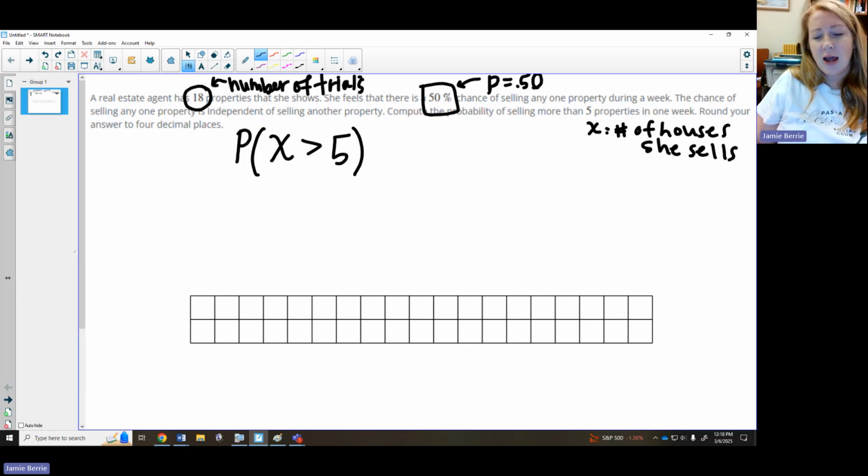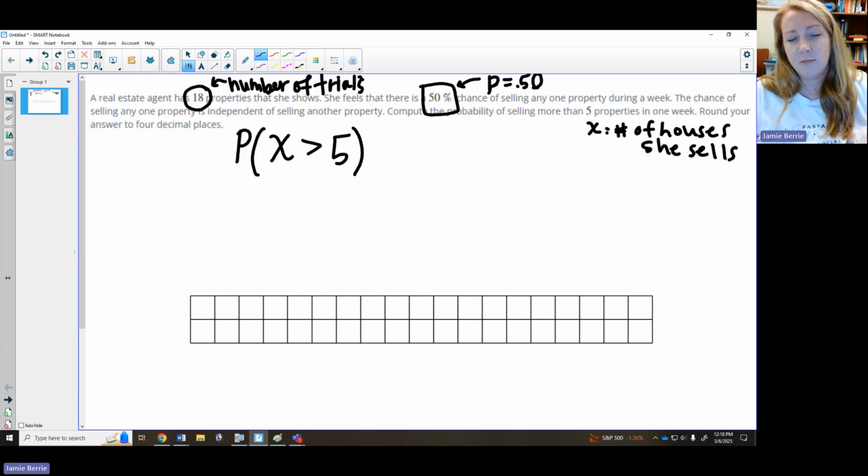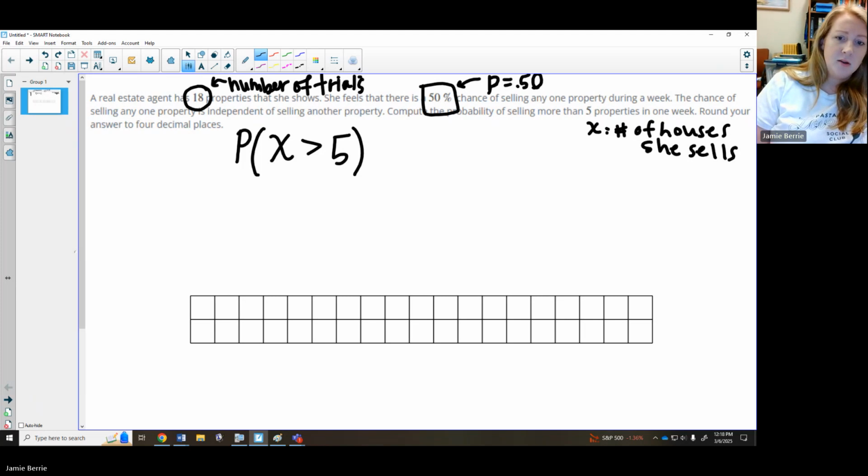Okay, so I have this big table built in here to help you get an idea of how we're going to adjust this probability to something that we can calculate. All right, so this is going to be X and then the probability of X. She can sell 0 houses, 1 house, 2 houses, 3 houses, all the way to 18.